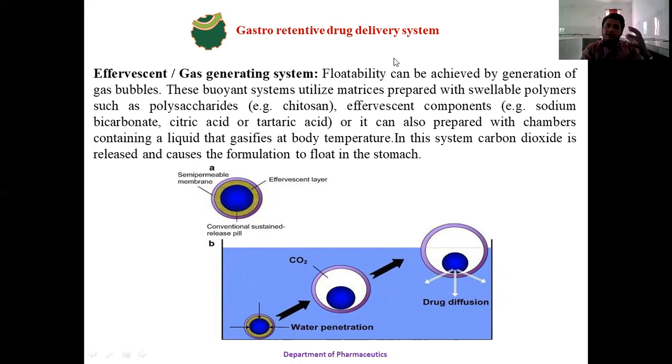The floatability of the dosage form is achieved by generation of gas bubbles, or you can say release of carbon dioxide. It is prepared using soluble polymers, normally hydrophilic polymers which swell in the presence of gastric fluid, for example chitosan.